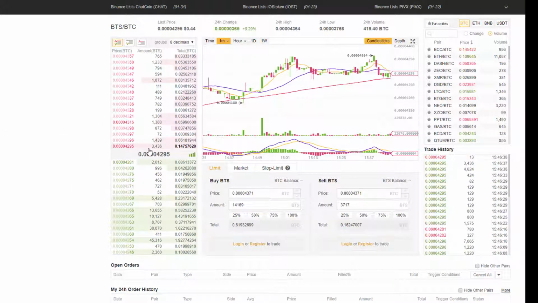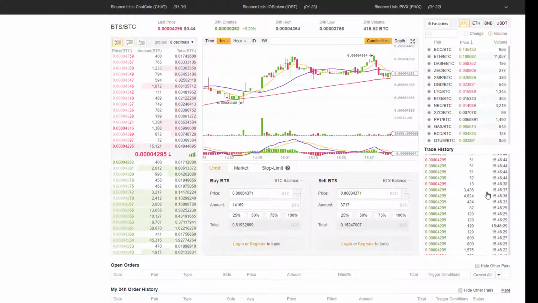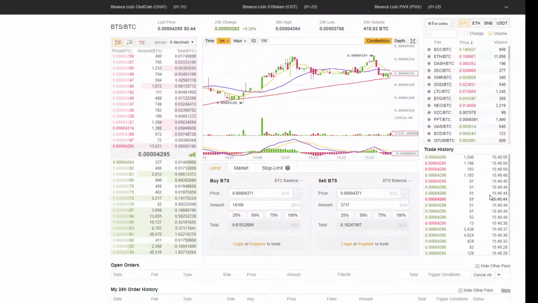So an order just came through for 4624 at 4295. All right. So this is why these 51s right here that you see, these 129s, these 51s, these are bot buys, or these are people that are properly structuring their positions. Okay.